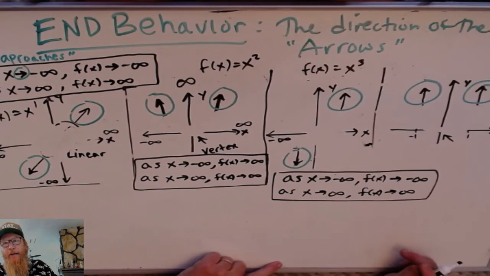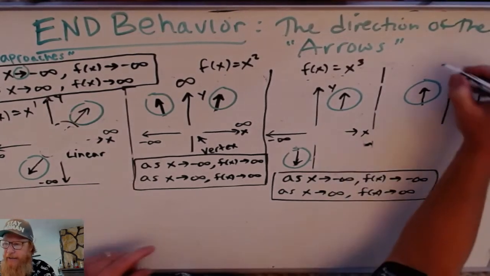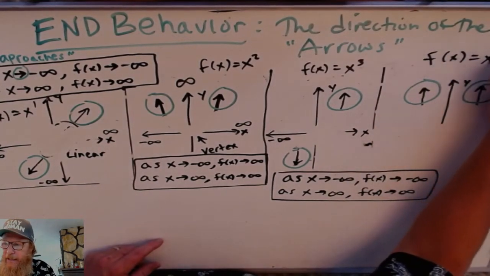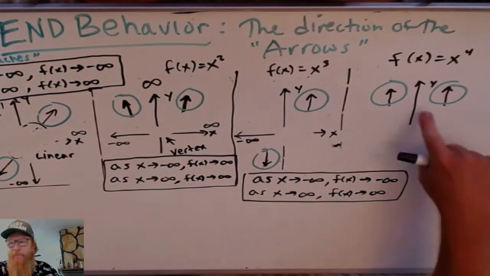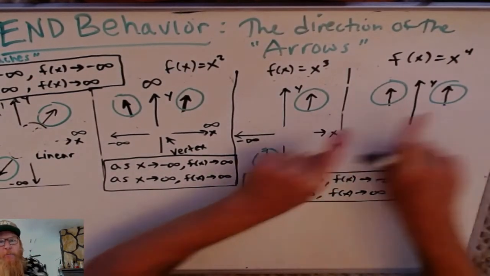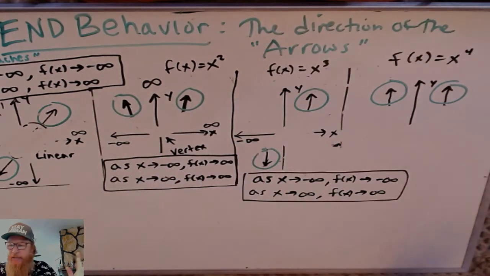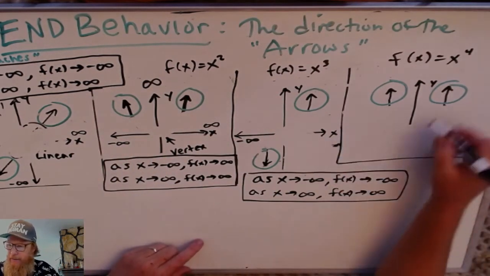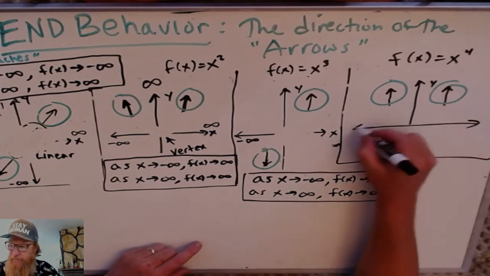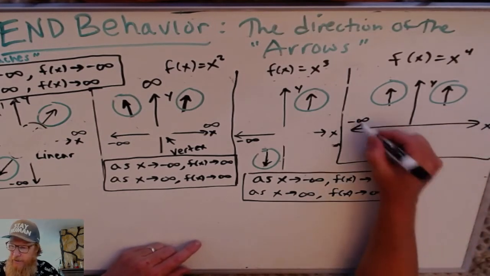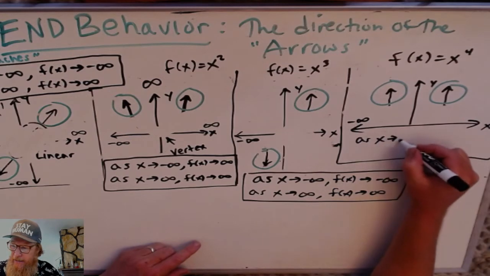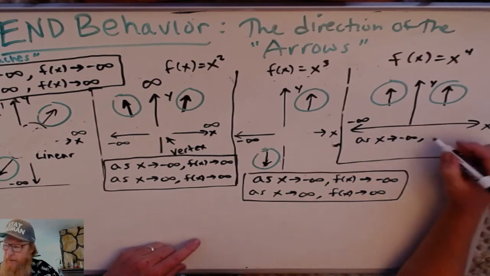Okay. And then it's probably not a big surprise. This one was what? The quartic, x to the 4th. X to the 4th, both arrows point up. That's exactly the same as x to the 2nd. So it's going to be the same thing for x to the 4th. As x approaches negative infinity, comma.